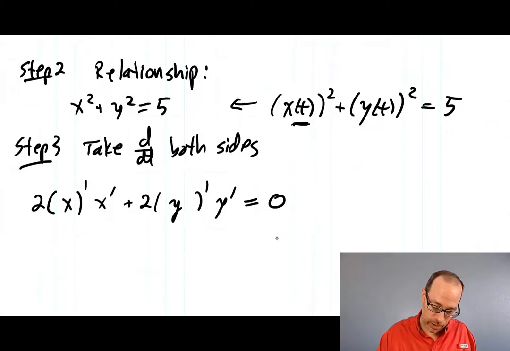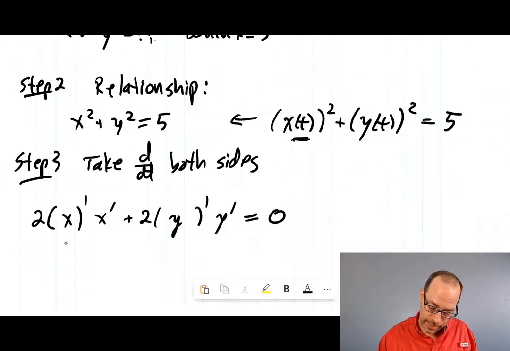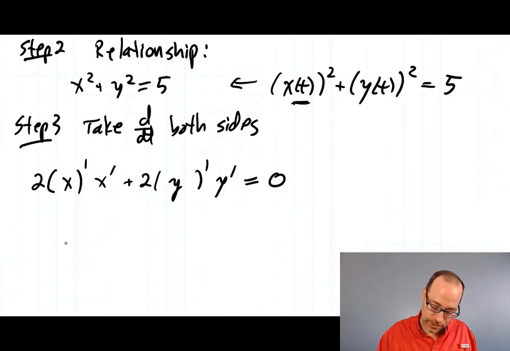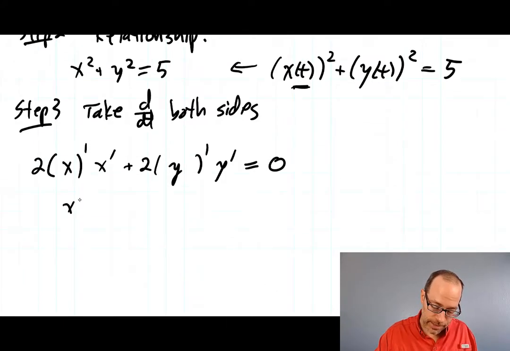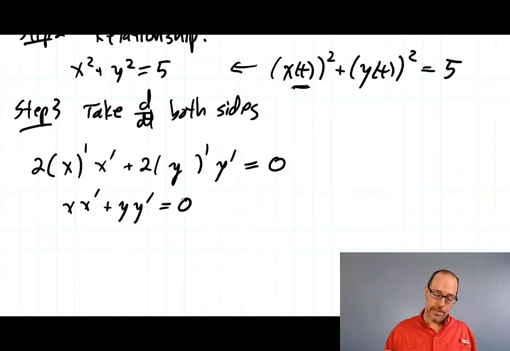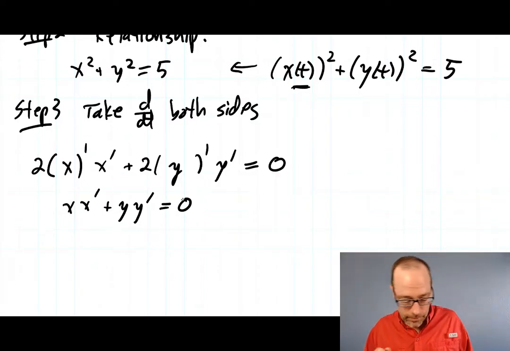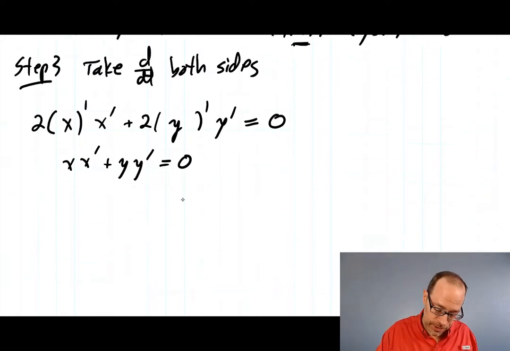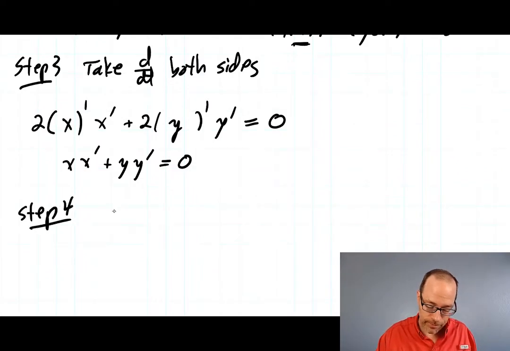This is easy to solve. We can divide both sides by 2 here. So we get x times x prime plus y times y prime is equal to 0. All right. The final step is usually just to read off your answer and solve the equation.